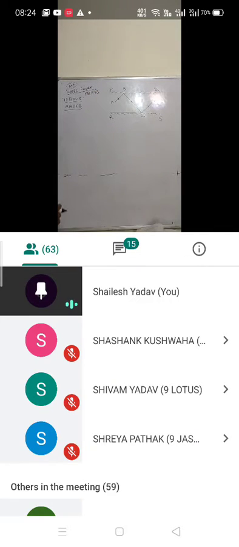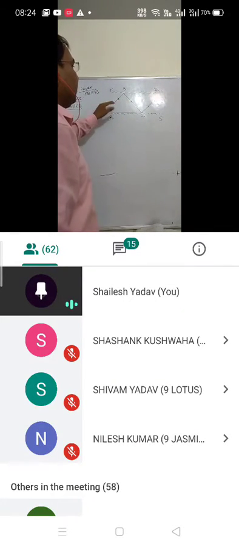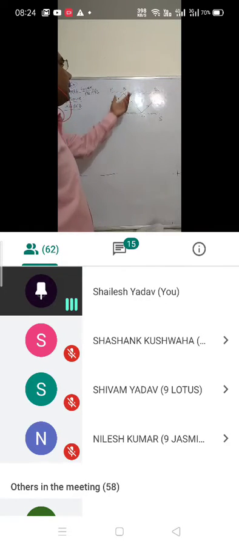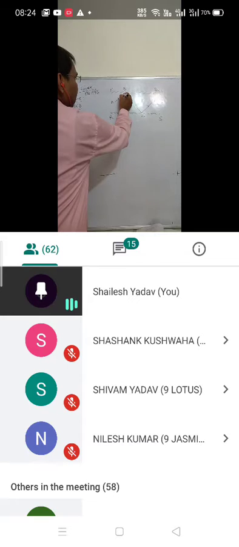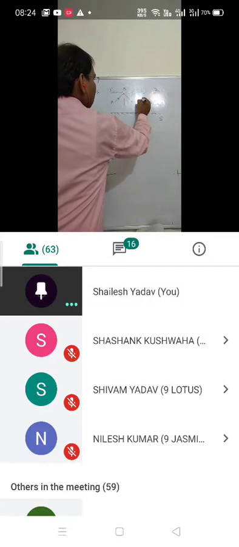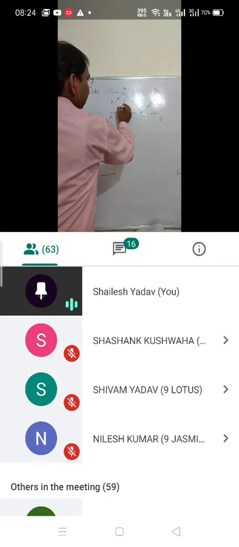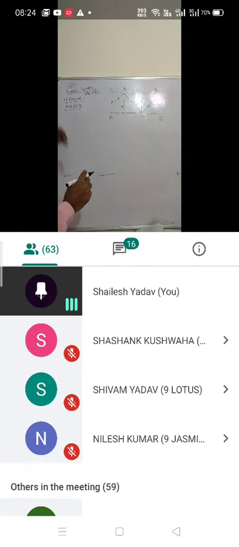So students, in physics also you applied that if any ray is incident on a mirror, then you draw a normal. Normal means a perpendicular. So here I am going to draw a normal from the point B and from the point C. Suppose here BN and CN are both normals.